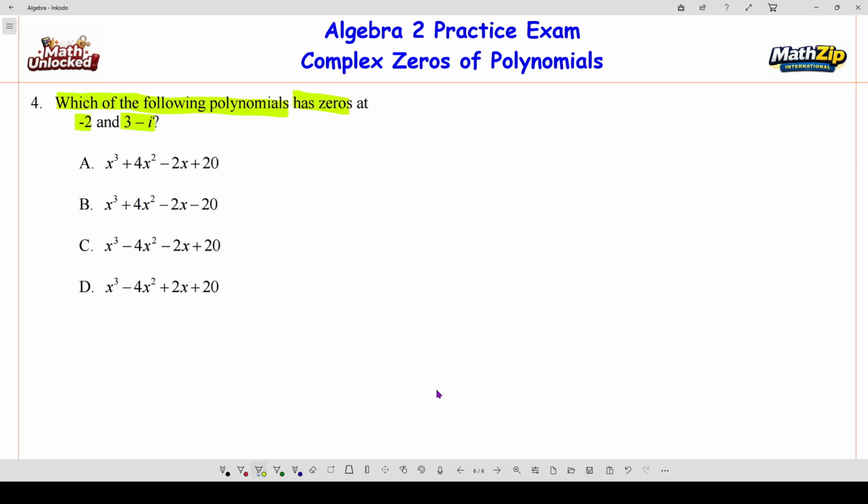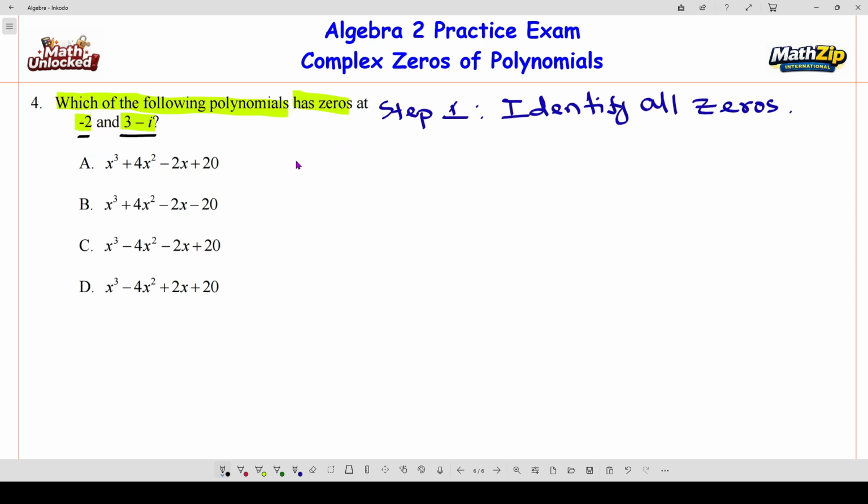First of all, we have to identify all zeros. Step 1: identify all zeros. The problem has given two zeros, -2 and 3 minus i.